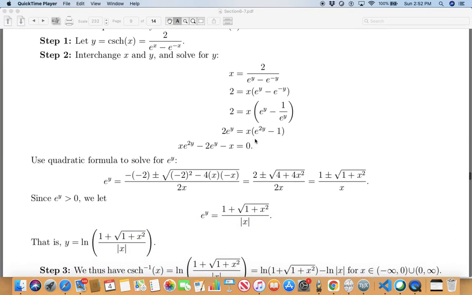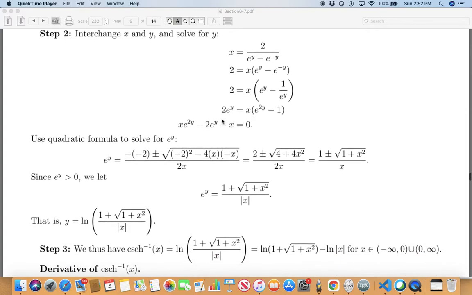Get everybody on one side: x e raised to 2y minus 2 e raised to y minus x is 0. So e raised to y is your unknown. So use the quadratic formula.